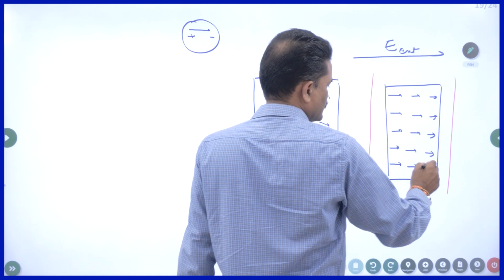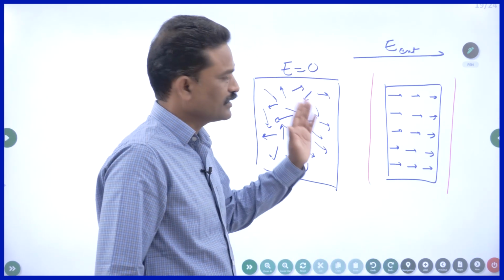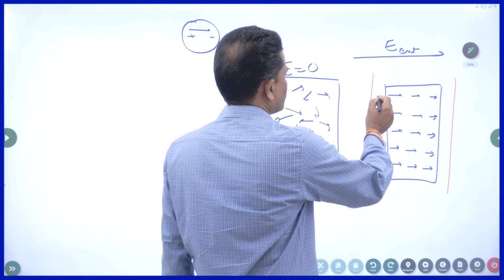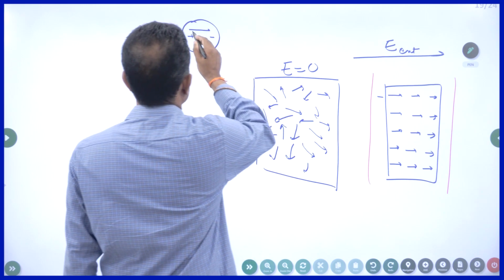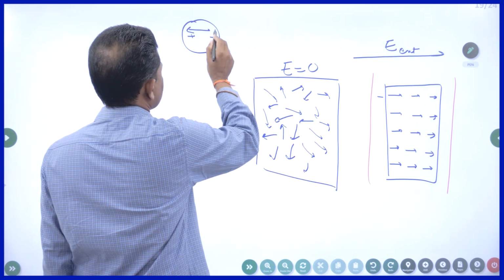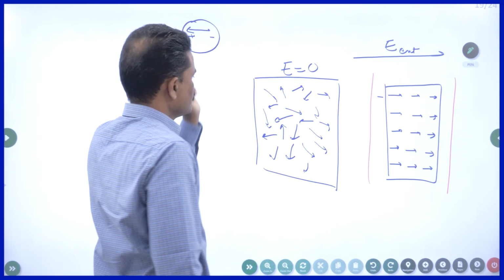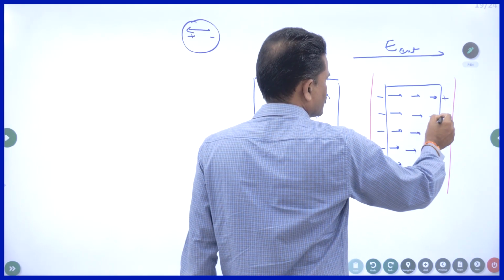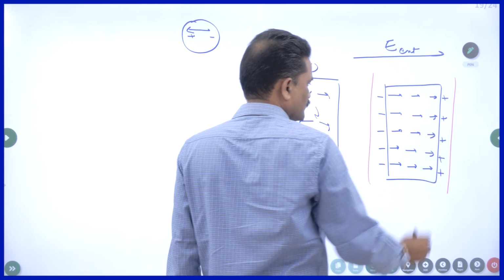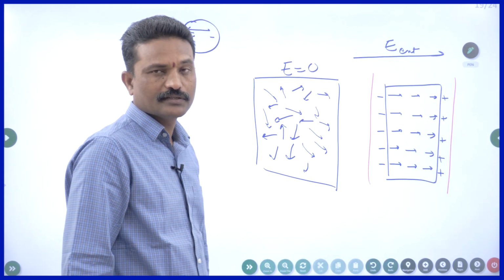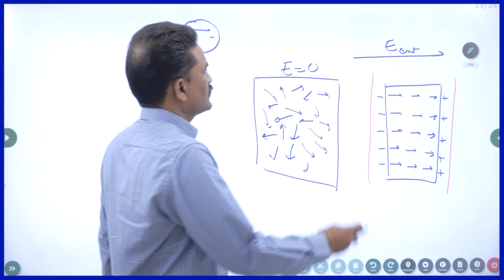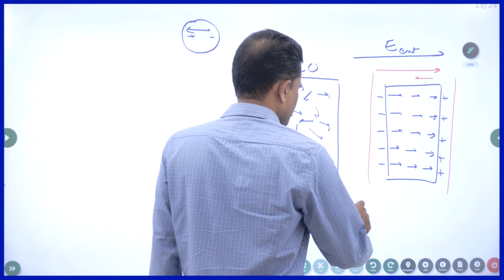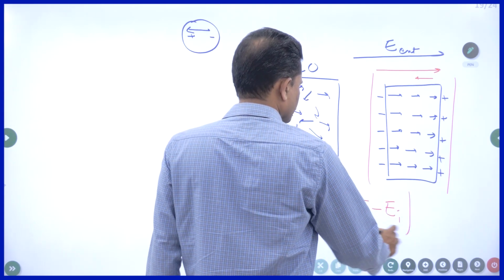Now, they are realigned in the direction of the external electric field. Because of this, let us say this is the direction, the arrow head is positive and the tail is negative. So, you will have some negative charges here and positive charges here. Even in this case, some surface charges are induced. So, the external field is in this direction, the induced field is in this direction.